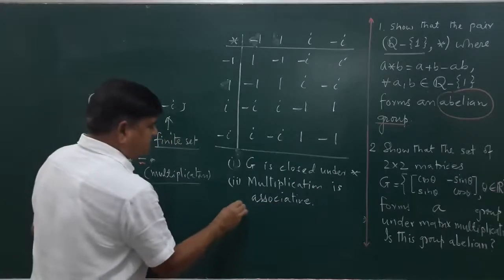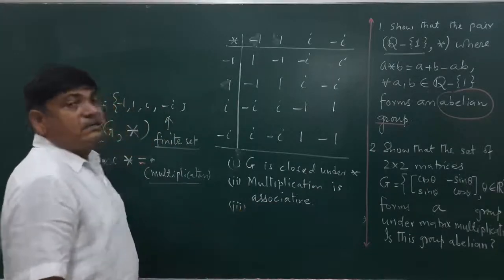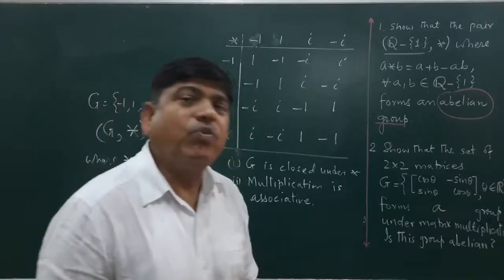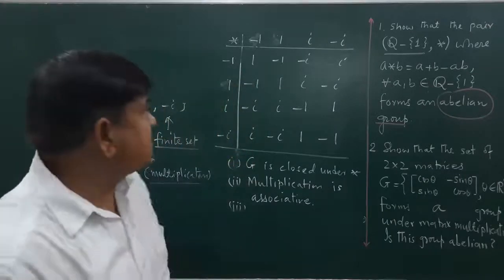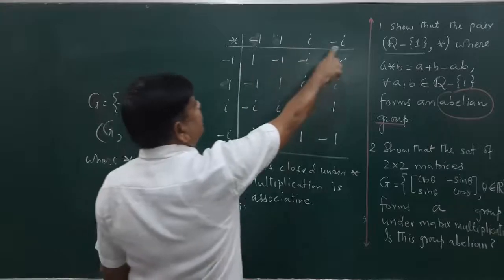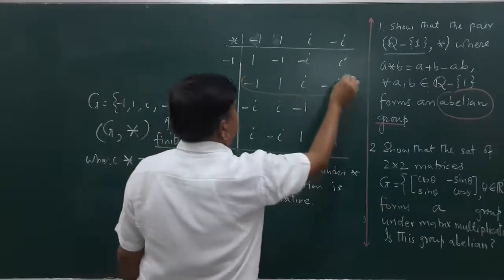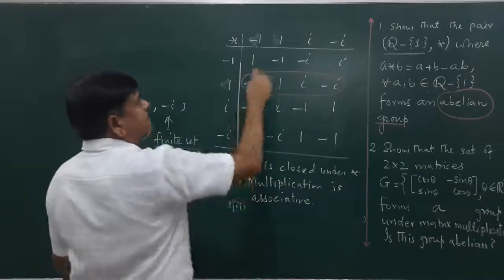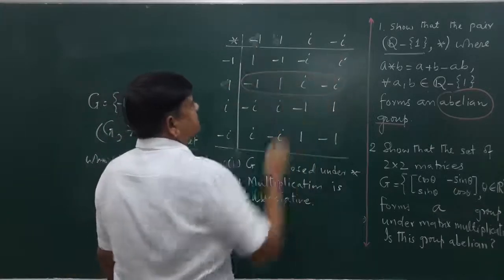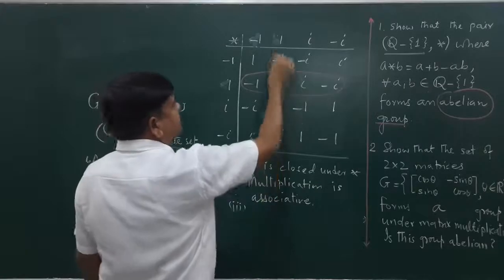Third, we can find the identity. One is the multiplicative identity. You can say minus 1, 1, iota, minus iota. Here it is, minus 1, 1, this one. This part is identical to this. Again, minus 1, 1, iota, minus iota.